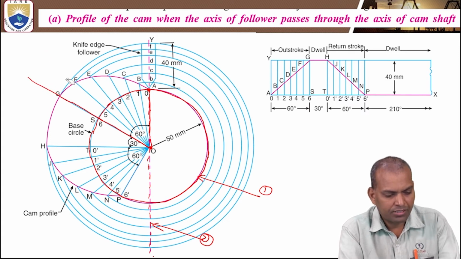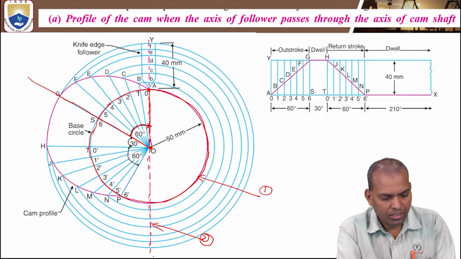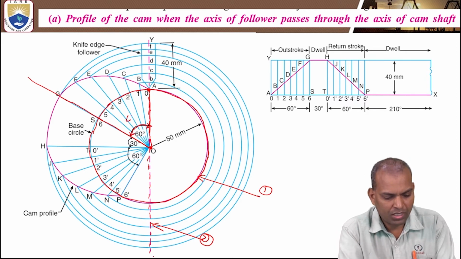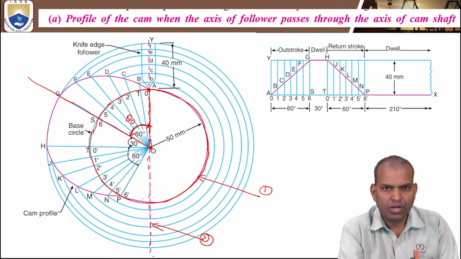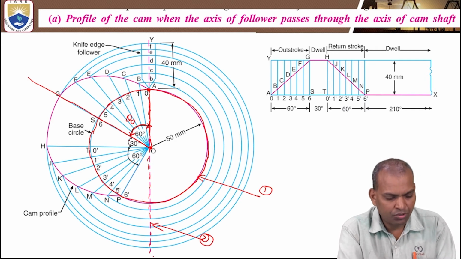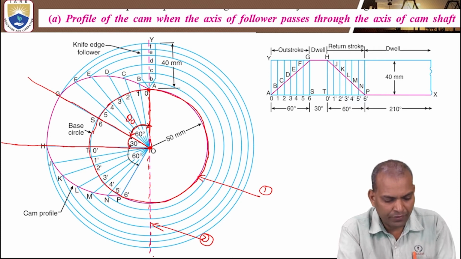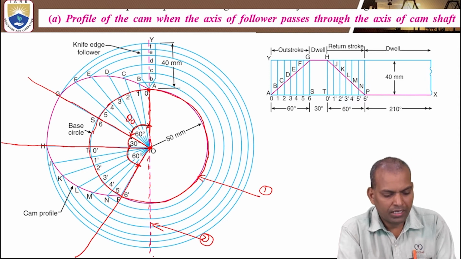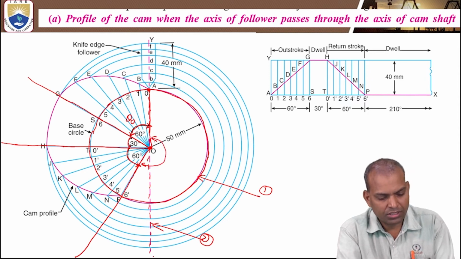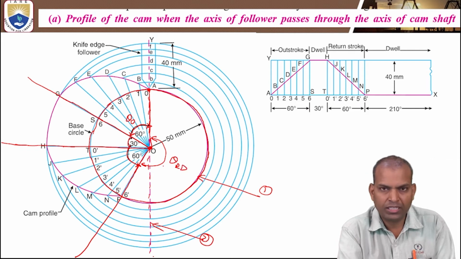Okay. Next, what is the next part? This is the 60 degree outstroke, theta O. Next, immediately after that is the dwell, and that dwell is 30 degrees. Next portion is 60 degrees during return. Again, the return stroke angle of rotation is 60 degrees. Next, the remaining angle is the dwell during return.